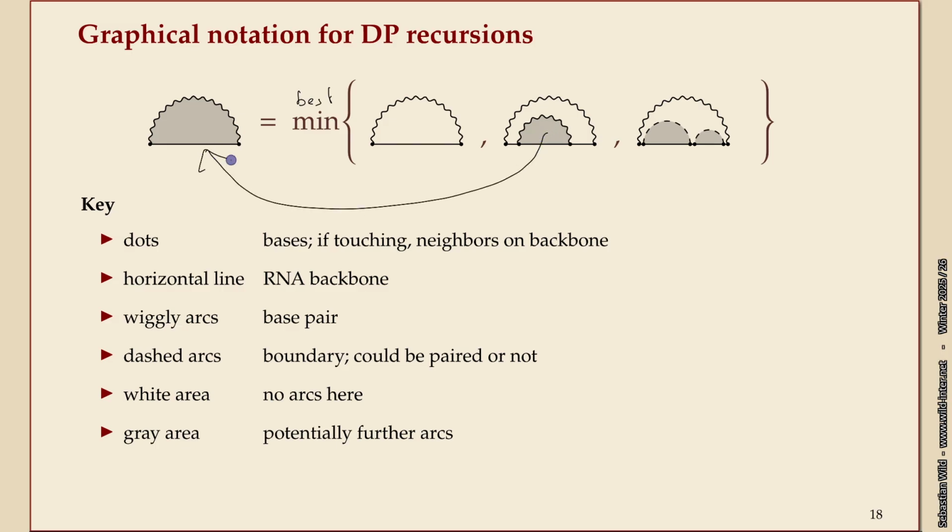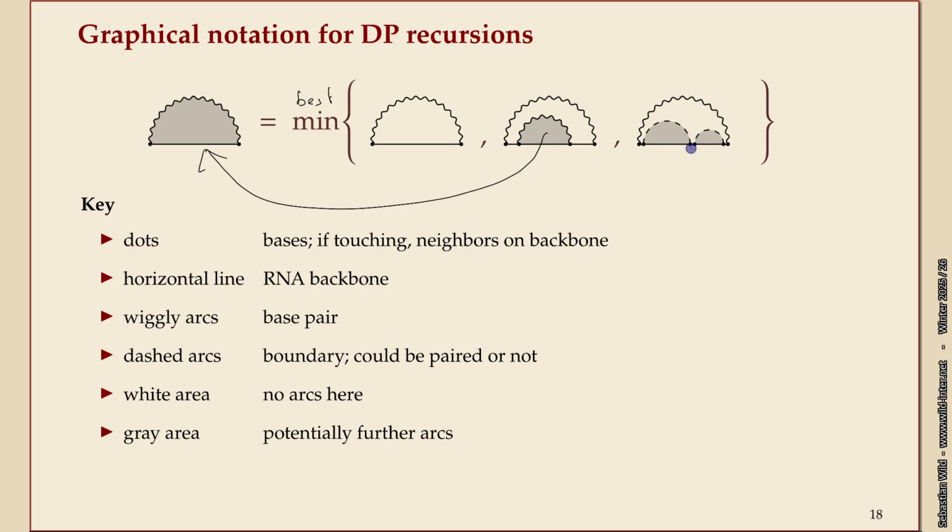In a DP recurrence, this would have some name and some parameters i, j, and then this would be the same name with appropriately adjusted parameters, so some new i prime, j prime. Or maybe you say there's a cut point k, where these dashed lines mean I don't commit yet to what's happening here between the outermost pairs. Could be anything. It could be paired or not.